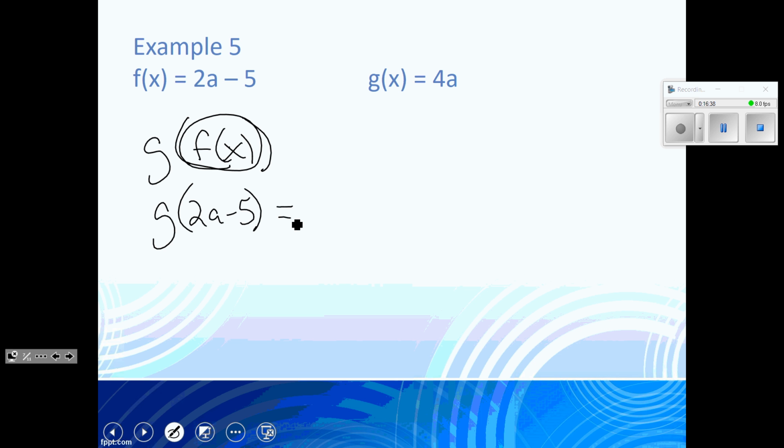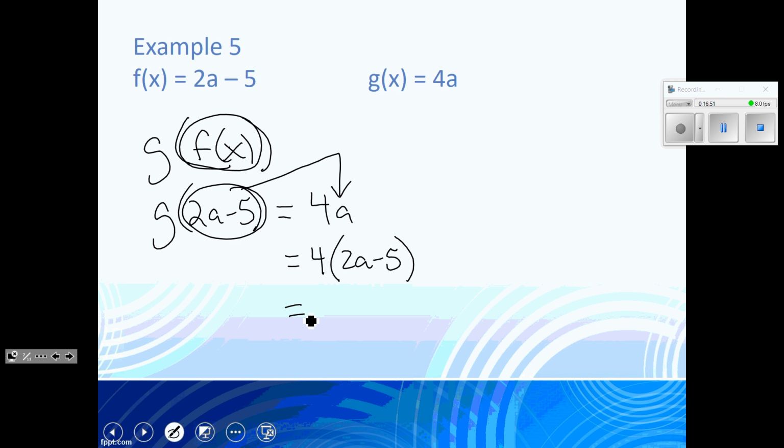What's my g function? 4a. So this is my input, and I'm going to plug it into this function. So this would be 4 times 2a minus 5. And then I'm just going to simplify it, and I would have 8a minus 20. So g of 2a minus 5 is equal to 8a minus 20.